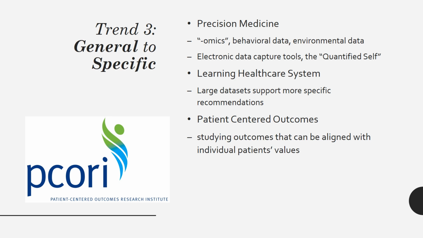So we're trying to have more research that looks at quality of life or patient preferences, or even involves the patients in developing the research itself and helping to choose what the outcomes of interest are going to be, because we're trying to align those outcomes with the patient values. So you see this whole trend of getting more and more specific information about patients, and then getting more and more specific treatment plans that fit both their preferences as well as their particular body.